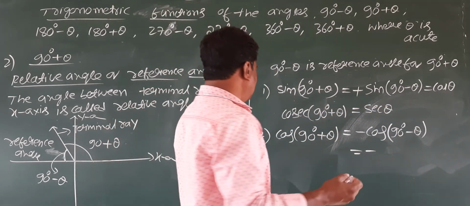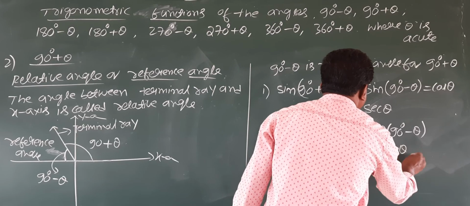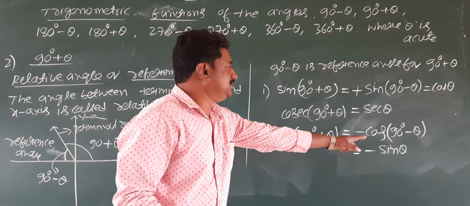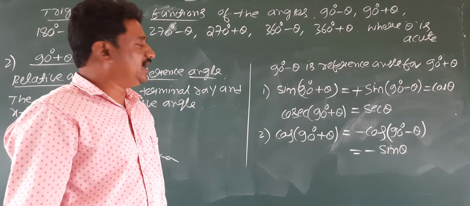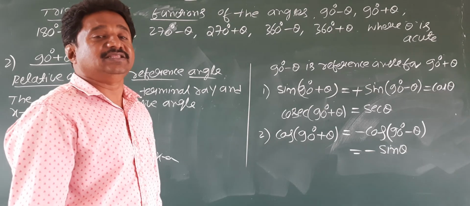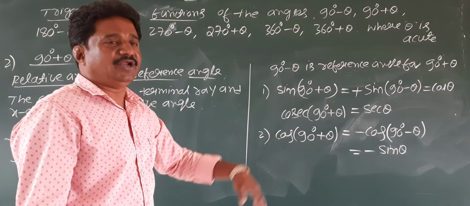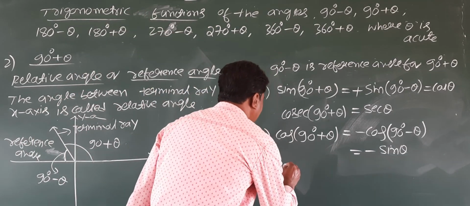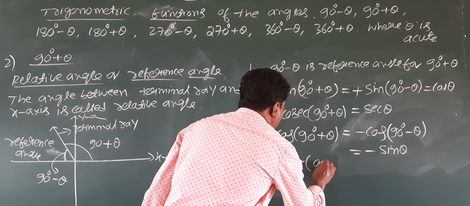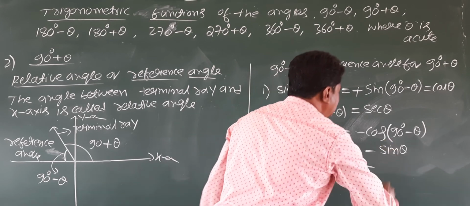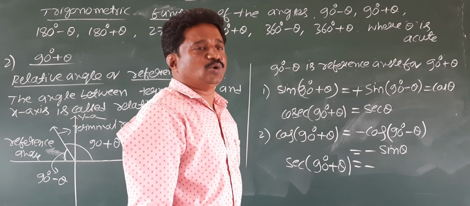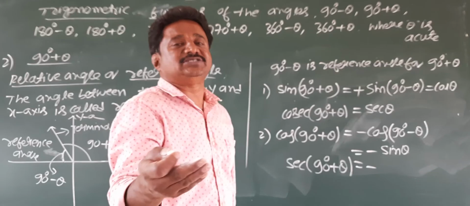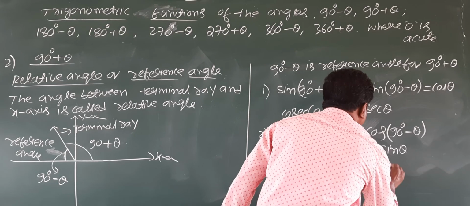Sin theta. So cos of 90 degrees plus theta is minus sin theta. Reciprocally, the reciprocal of cos is secant, so secant of 90 degrees plus theta is minus the reciprocal of sin, which is minus cosec theta.